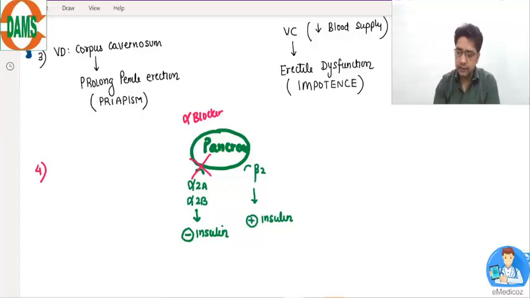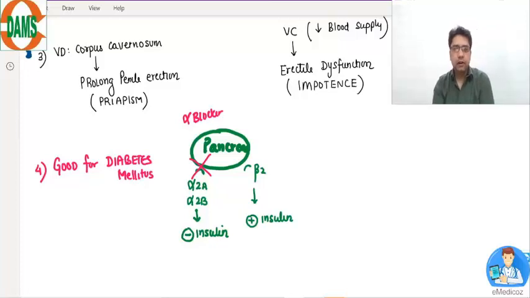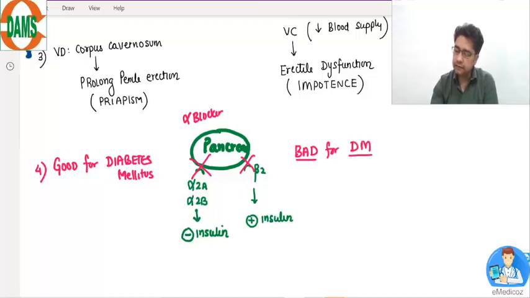Because of this reason, alpha blockers are good for diabetes mellitus, and beta blockers are bad for diabetes mellitus.